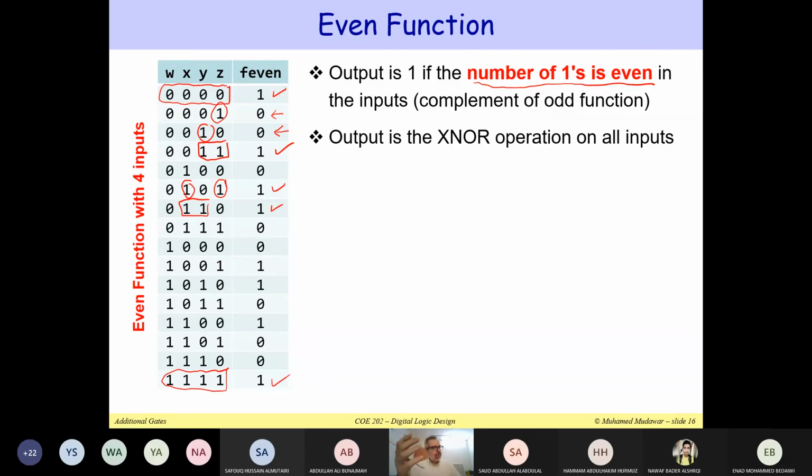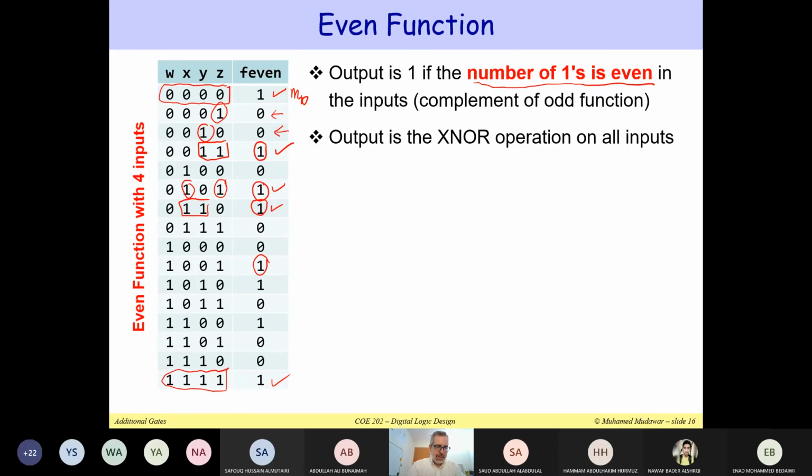I can write this in sigma notation. What are the minterms? Can you tell me what are the minterms for this function? Even. We have minterm 0 here, right? What are the other minterms? 3. Is this? Yes. What is this one? 5. Yes. This one? 6. Excellent.